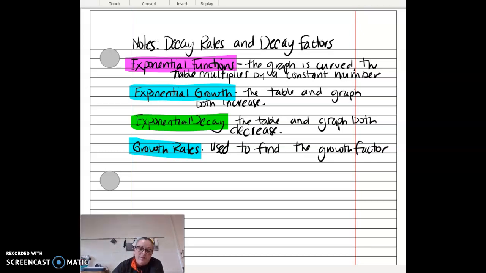And we know that we need to add the 100% of what you start with to find the growth factor.